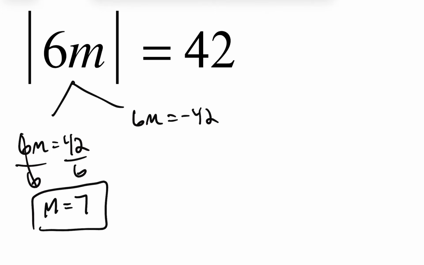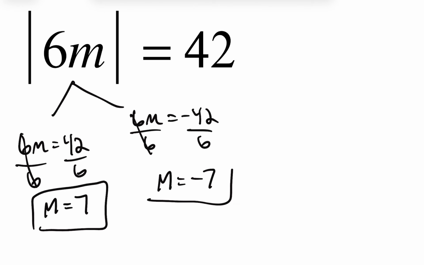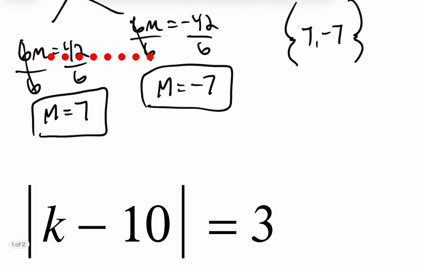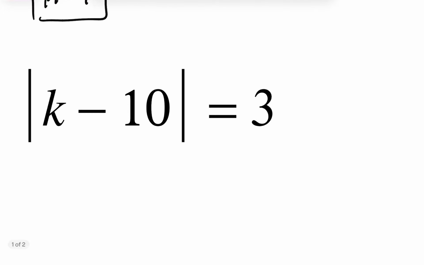So m equals 7 on the left side, dividing by 6, dividing by 6. M equals -7 on the right side. So we can represent our answer with the squiggly parenthesis, and we can say 7 comma -7. The squiggly parenthesis indicates that it's not a coordinate pair, but rather two separate answers.